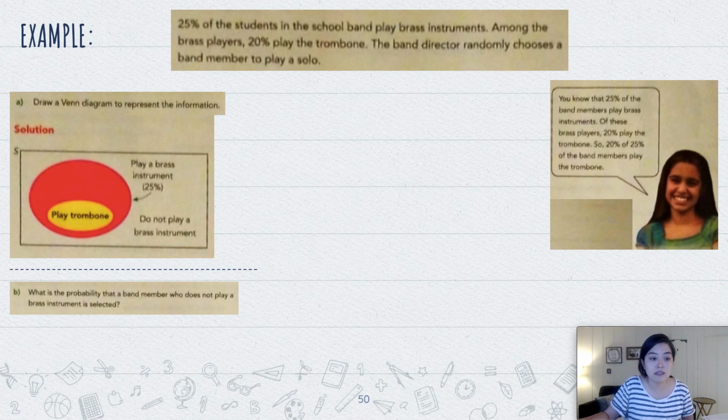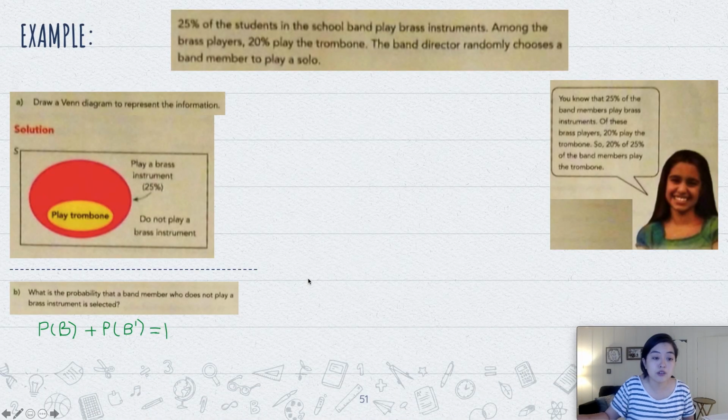Okay, so B says, what is the probability that a band member who does not play a brass instrument is selected? That means you want to know the probability of people who do not play a brass instrument, which is the people outside of the red circle.